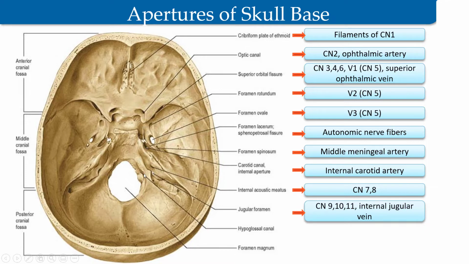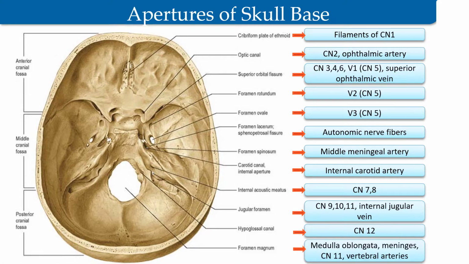And the hypoglossal canal, this one, it pierces the occipital condyle and serves for the passage of the same named nerve. Finally, the foramen magnum. Not only the medulla oblongata with meninges leaves the cranial cavity passing through this foramen, but the accessory nerve and vertebral arteries enter the skull.